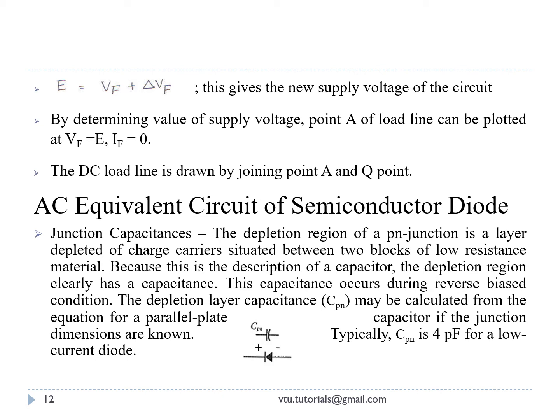Knowing the DC load line analysis, now let's see the AC equivalent circuit of a diode. The AC equivalent of the diode is the equivalent circuit with the application of some AC voltages, or you can say a change in voltage.